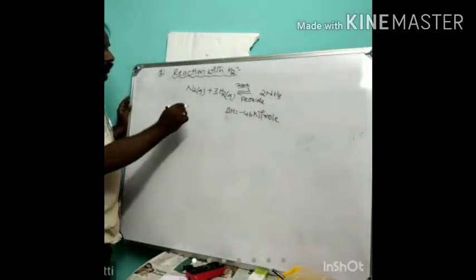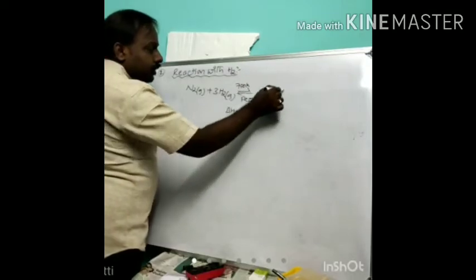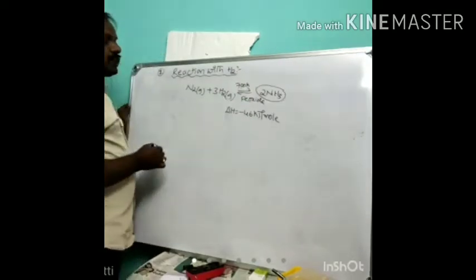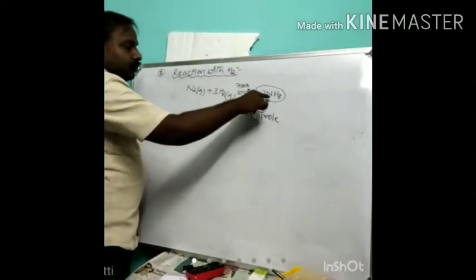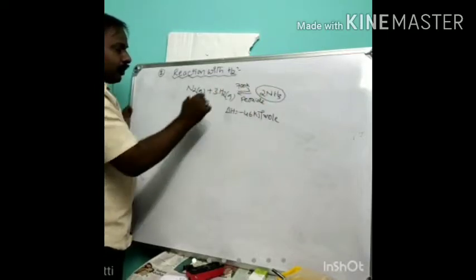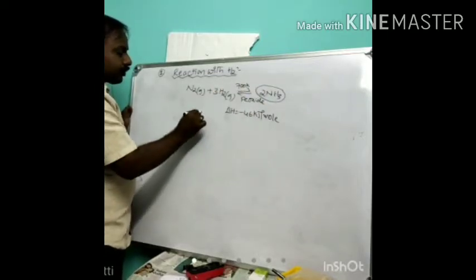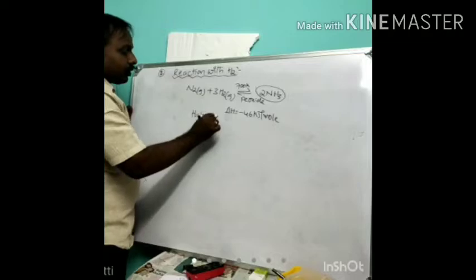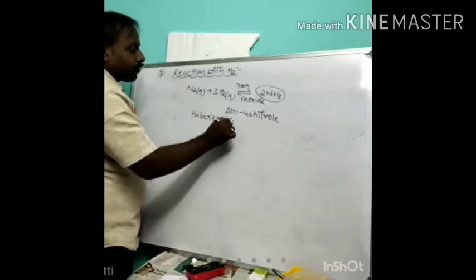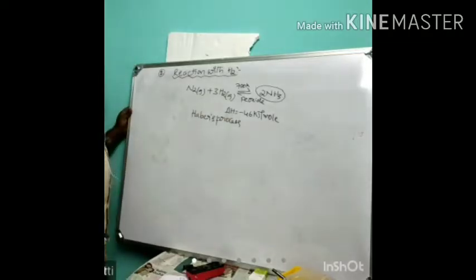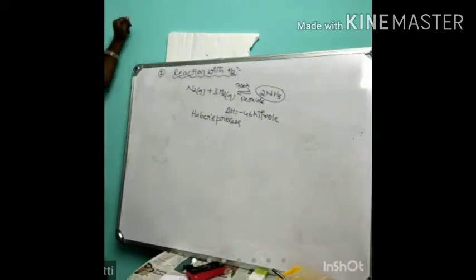This is one of the methods for preparation of ammonia. This method is called Haber's process. It is one of the important methods for preparation of ammonia industrially on a large scale.